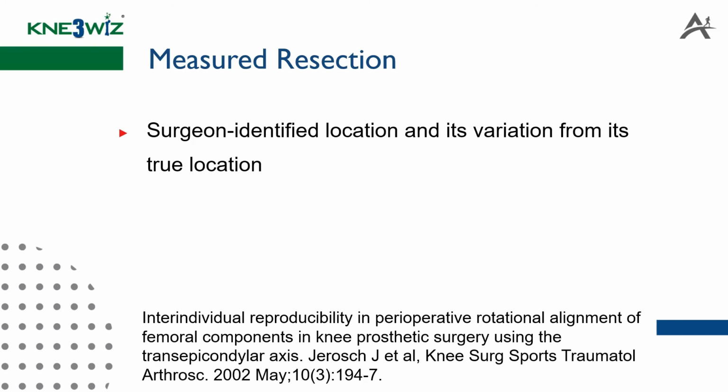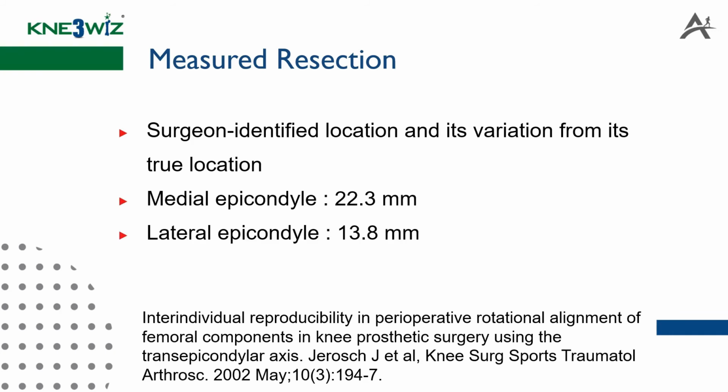In another cadaveric study, there was a huge range in finding the targets by the surgeons. The medial epicondyle varied by 22.3 millimeters and the lateral epicondyle by 13.8 millimeters.